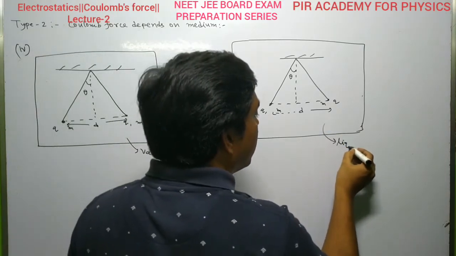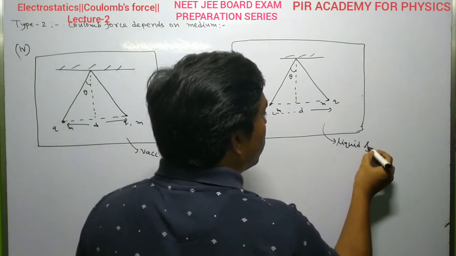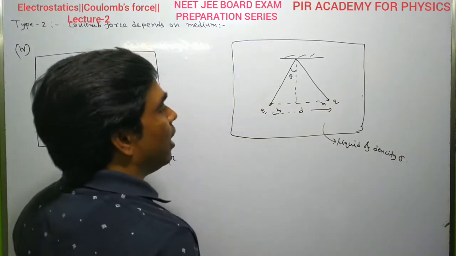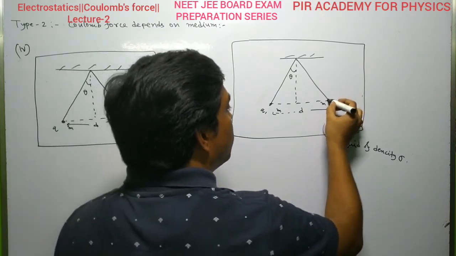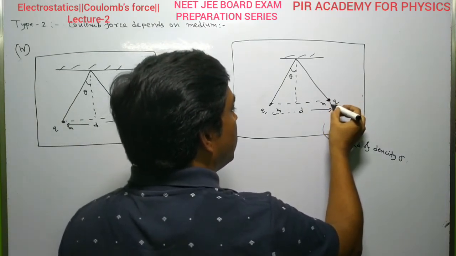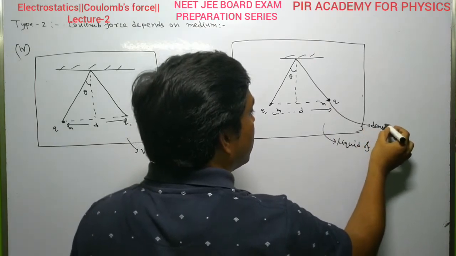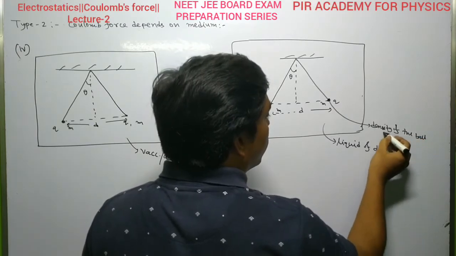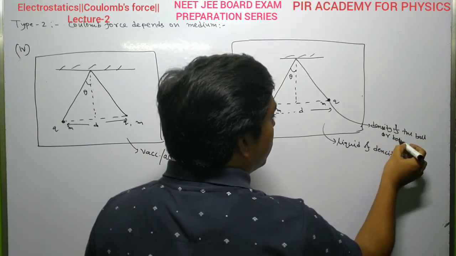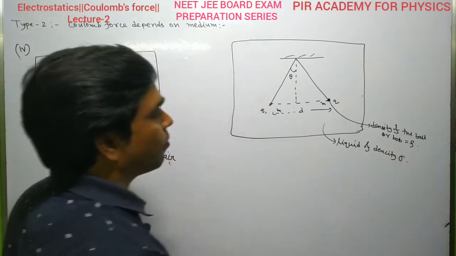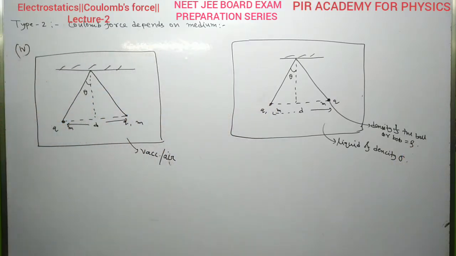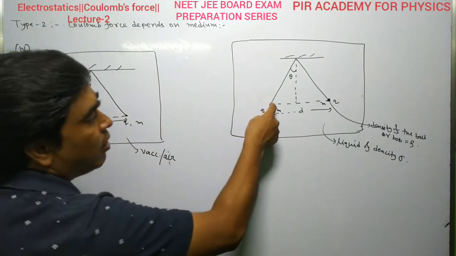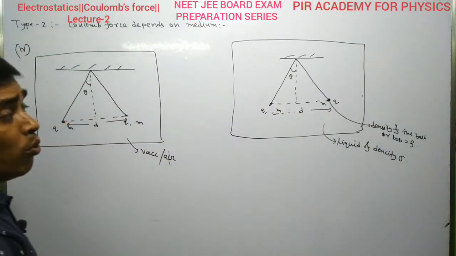This is a liquid of density sigma, and the density of this bob, that means the ball, is rho. So the same system is placed in a liquid of density sigma, and the density of the ball is rho.